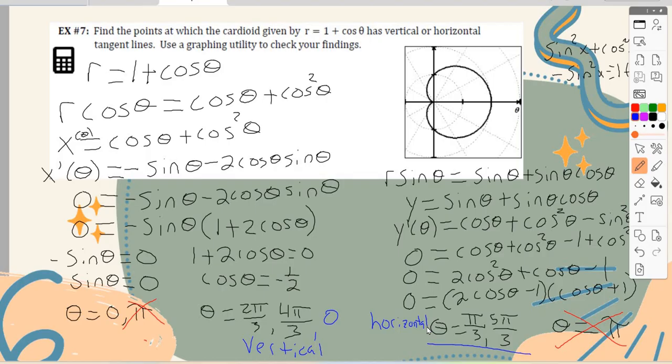Is there a different way to find out whether pi is one, since it's inconclusive? You could look at your graph, but what it means a lot of the time is that it is not differentiable at that spot. So if I look at my graph, this would be my angle of 0, my angle of pi.